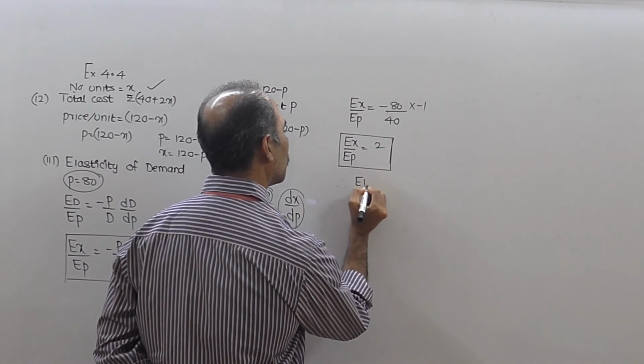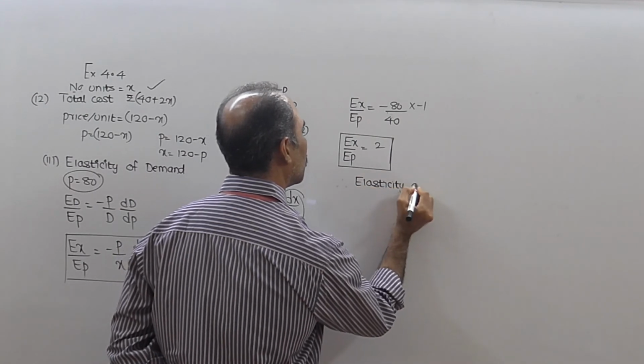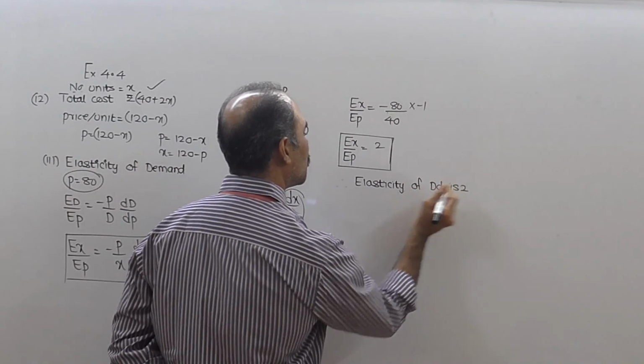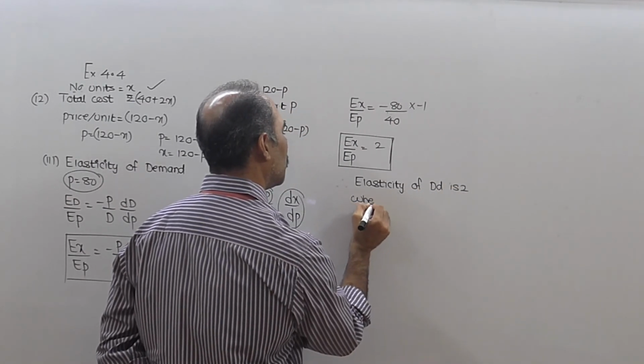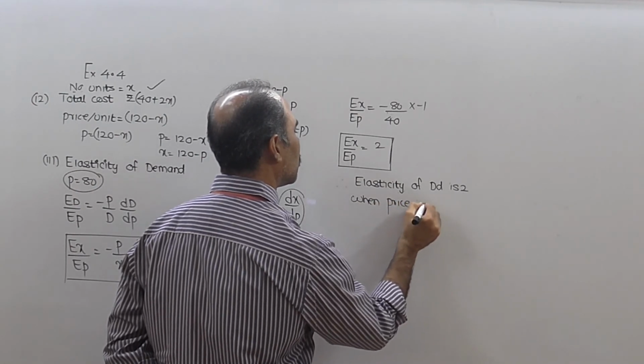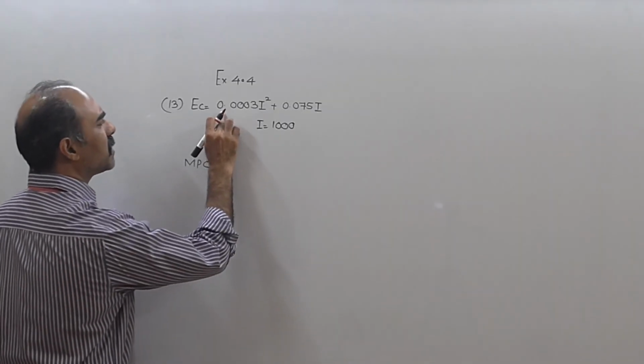Therefore, the elasticity of demand is 2 when the price is rupees 80.